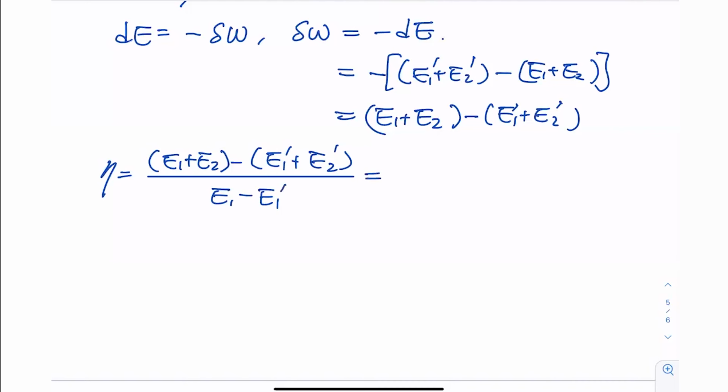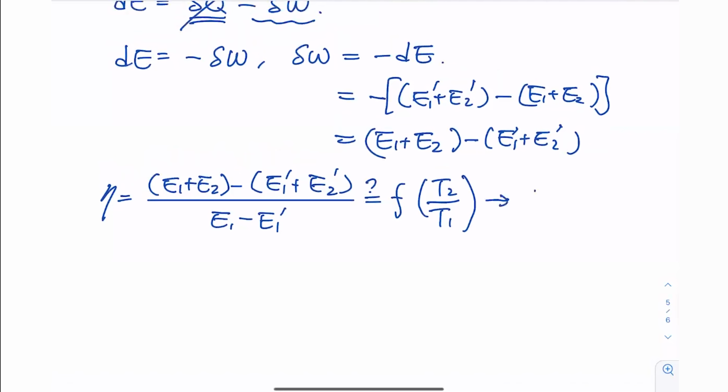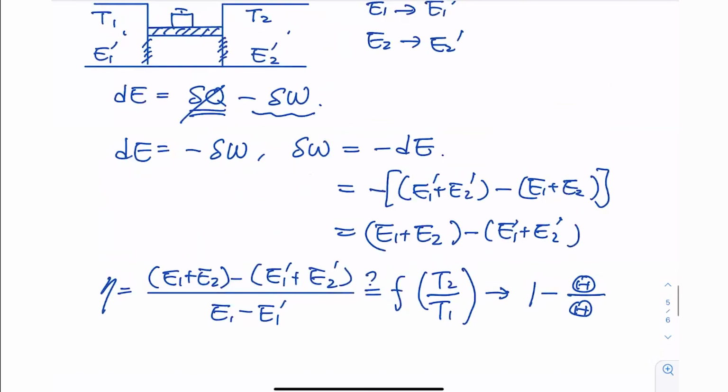So we want to ask what kind of function it will be. It's supposed to be some kind of function of T2 and T1, because the goal is that we want to connect this with the expression that we know from the conventional thermodynamics. So the expression for that is basically this. Okay, so that's our goal.